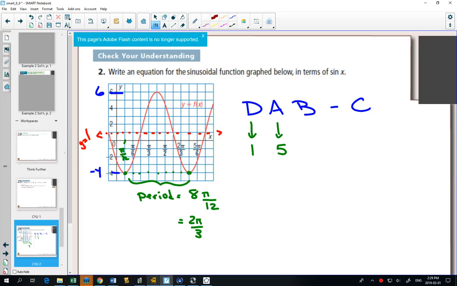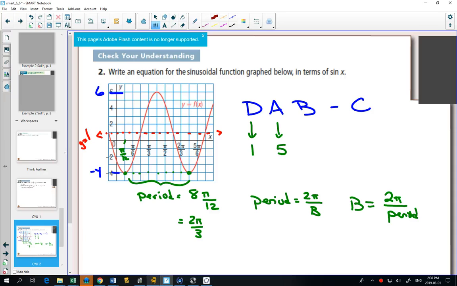If my period is 2 pi over 3, remember we have these formulas. We have these formulas that say our period is equal to 2 pi over our b value, or our b value is equal to 2 pi over our period. So we know the period, and most students will do this.